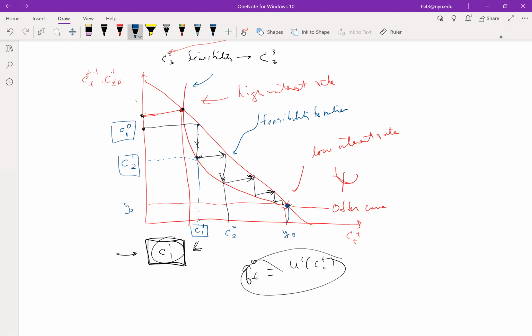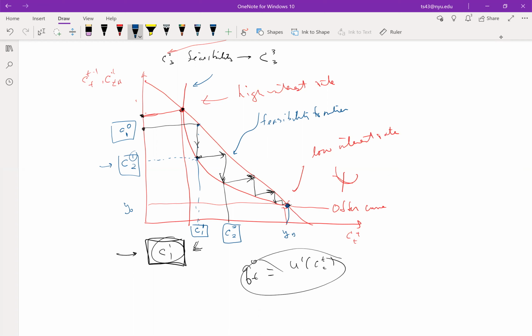What we found is, if I gave the person who was born in one this amount when he or she is old, I could then give a young person at time two this amount.